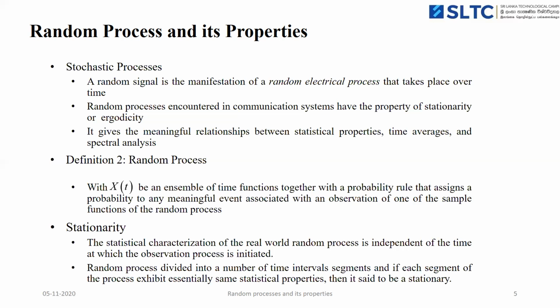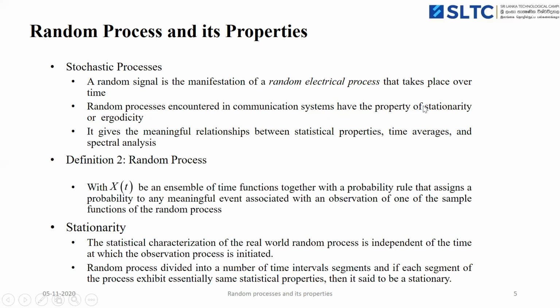So we can see another type of stochastic process. A random signal is the manifestation of a random electrical process that takes place over time. This is another definition for the random process. Then the random processes encountered in communication systems have the property of stationarity or ergodicity.